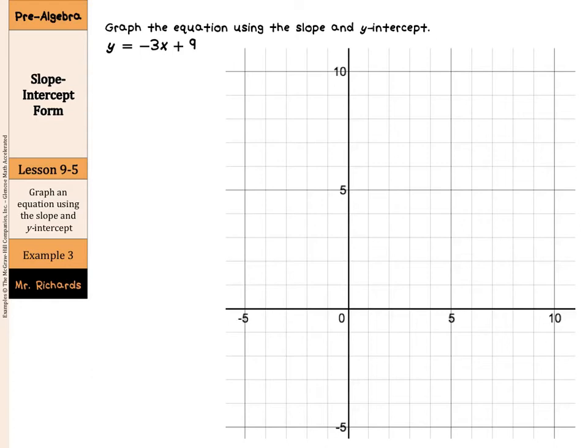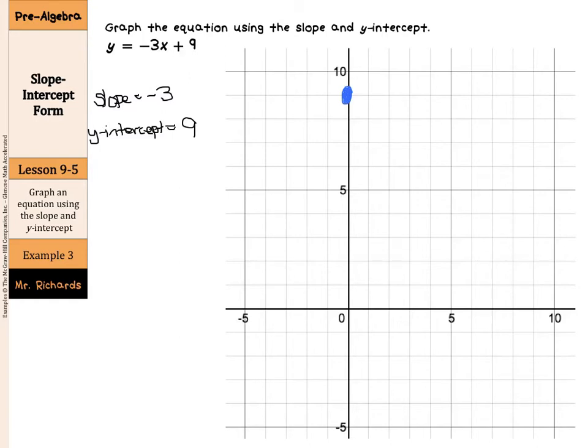Well, our slope is negative 3, and our y-intercept is equal to a positive 9. So on our graph, we can place a dot at the y-intercept at 9.